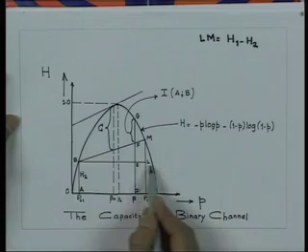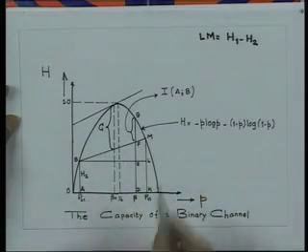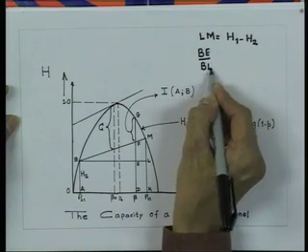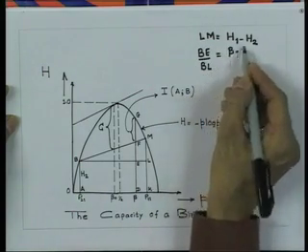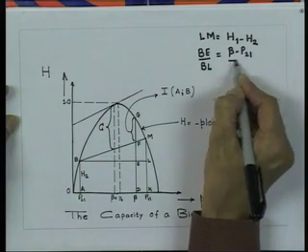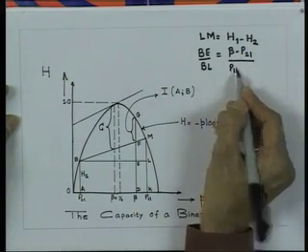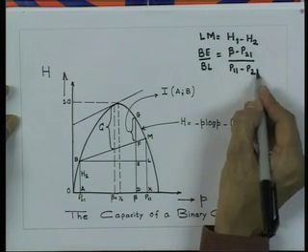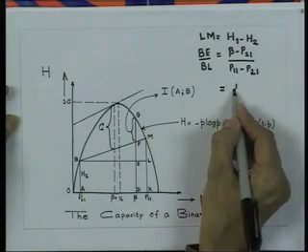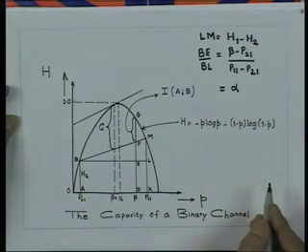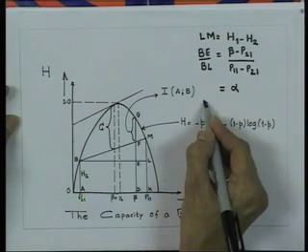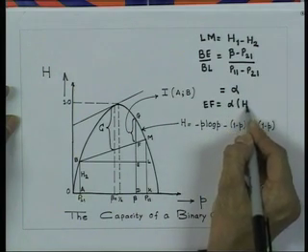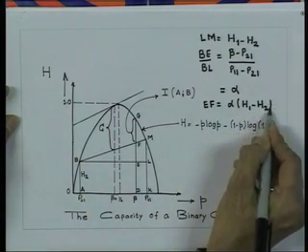Now, BE upon BL from this figure is clearly equal to beta minus P21 upon P11 minus P21, which is equal to alpha. Hence, EF is equal to alpha times (H1 minus H2).